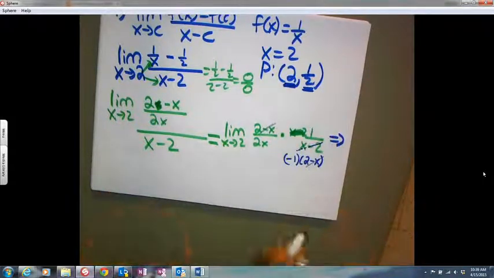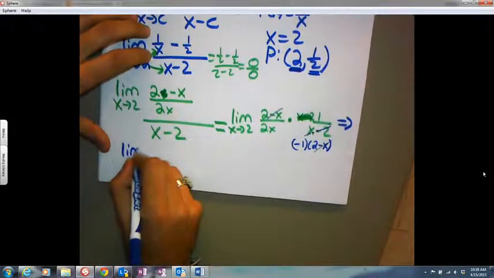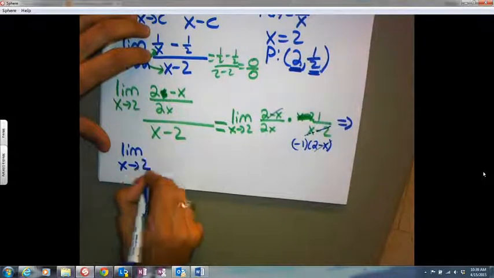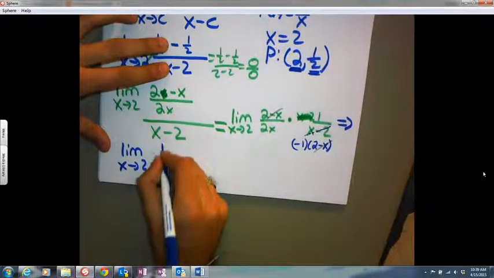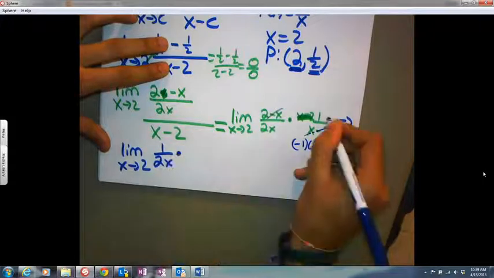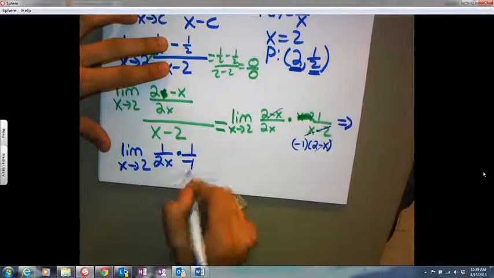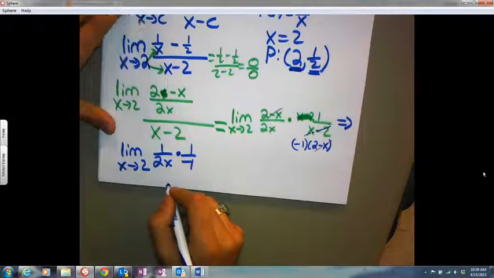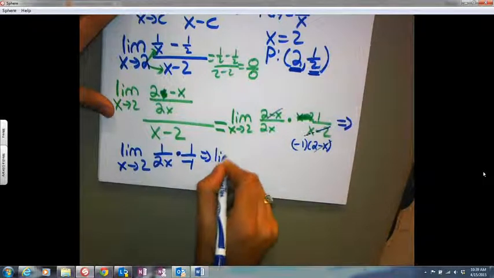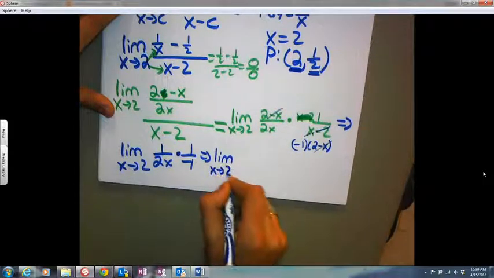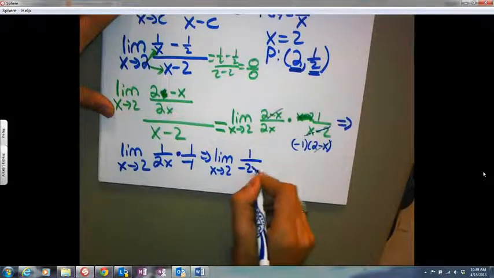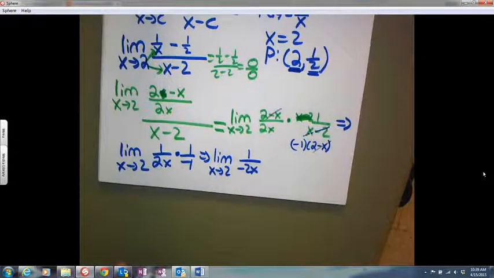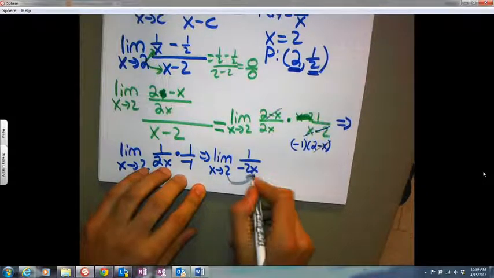And so we have limit as x approaches 2 of this is 1 over 2x times 1 over negative 1, which is equal to limit x goes to 2 of 1 over negative 2x. And now you're not going to get 0 over 0, so now this goes inside, and I have negative 1/4. Questions?